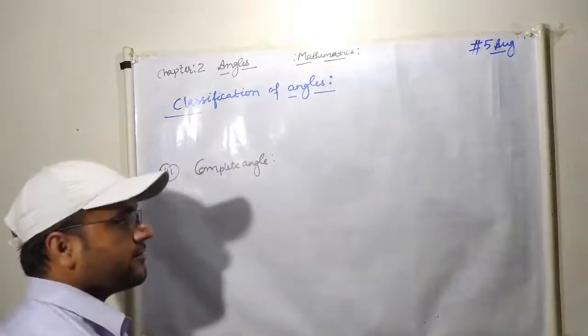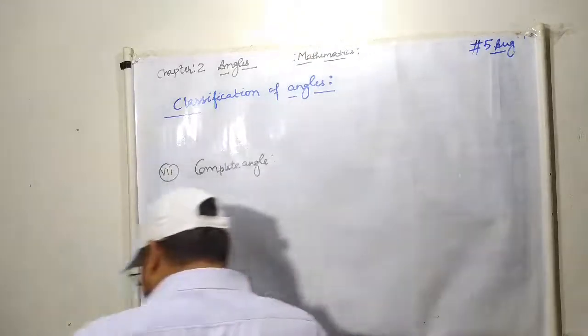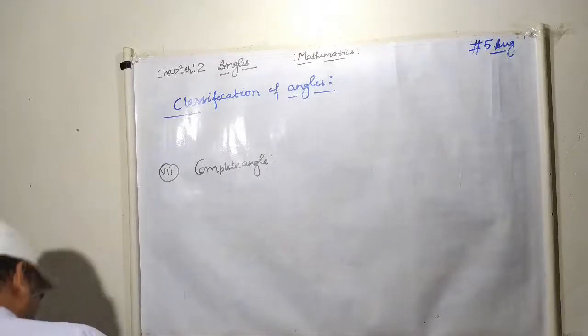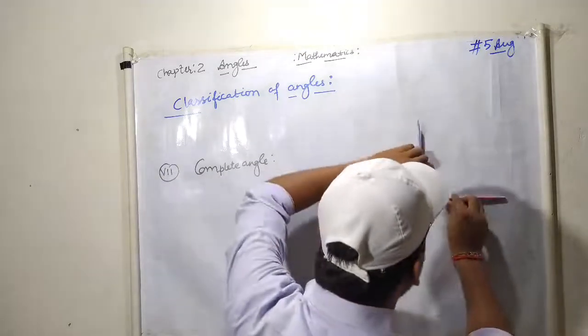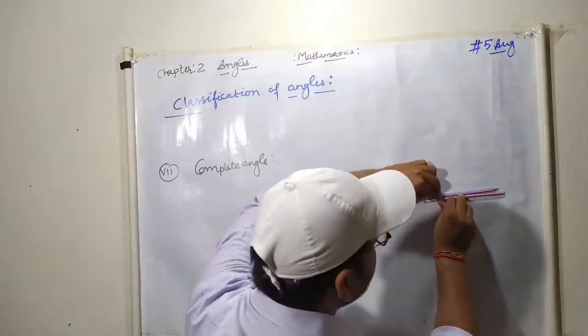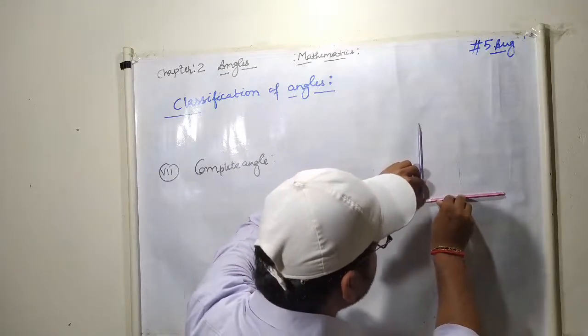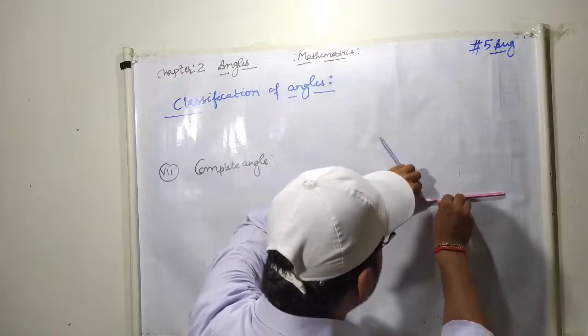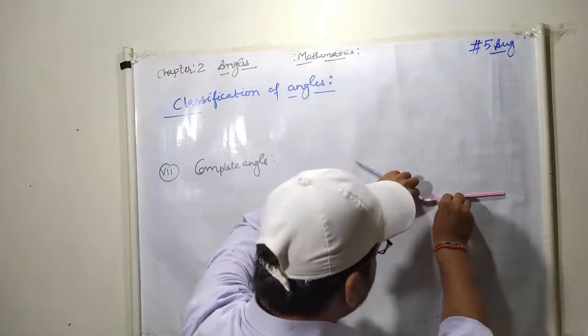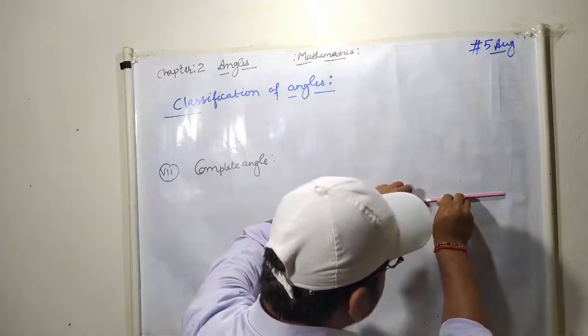Complete angle. Okay, when you rotate these arms from 0 degree, it is an acute angle, up to this it is a right angle, then an obtuse angle, greater than 90 degrees but less than 180, then this is a straight angle.